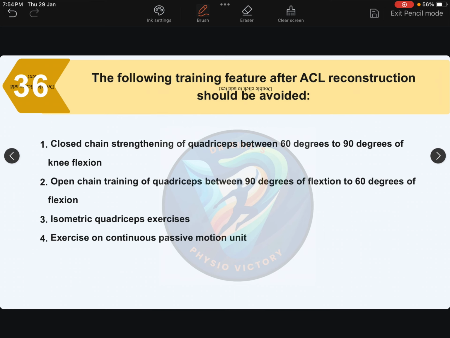Option 2 open chain training of quadriceps between 90° of flexion to 60° of flexion. Option 3 isometric quadriceps exercises. Option 4 exercises on continuous passive motion unit. Here the correct answer is open chain training of quadriceps between 90 to 60° of knee flexion.